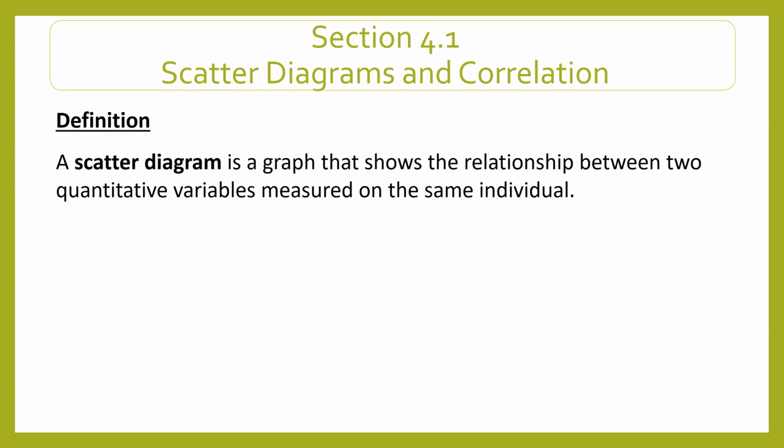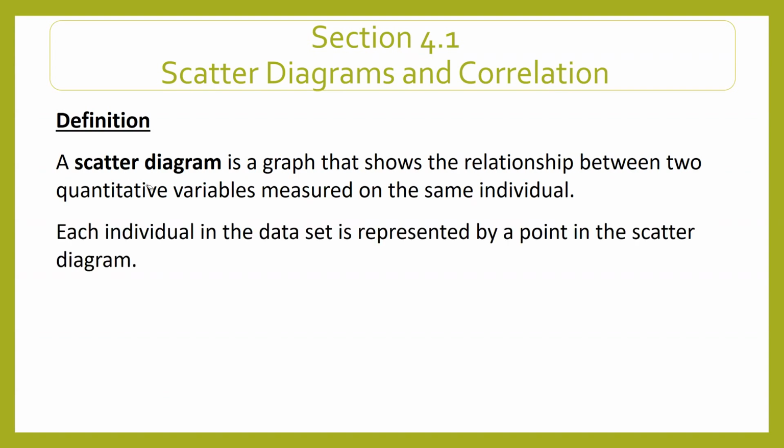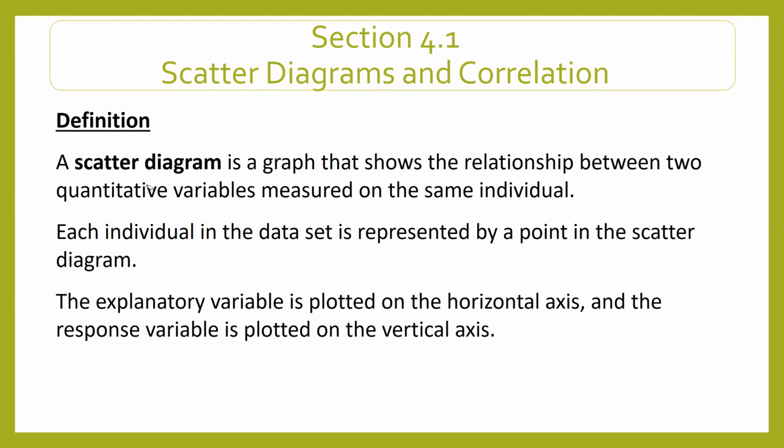All right, so let's go into scatter diagram. This is a graph that shows the relationship between two quantitative variables. I want you to take notes. So this is two quantitative variables measured on the same individual. Each individual in the data set is represented by a point in the scatter diagram. The explanatory variable is plotted on the horizontal and the response variable is plotted on the vertical.